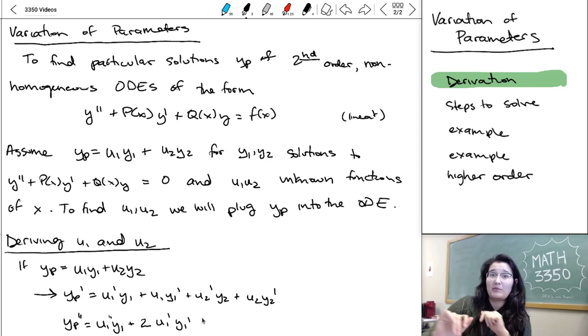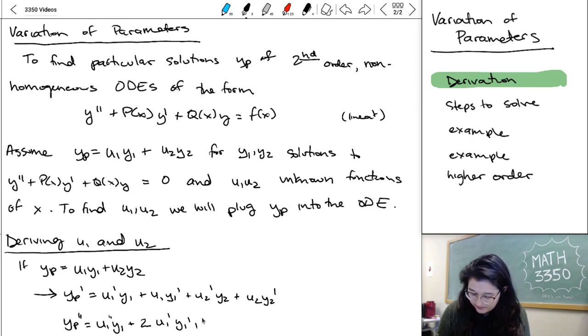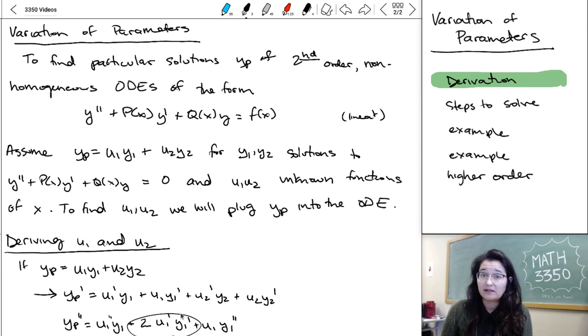So I'm just going to combine them right there. And then my last term, u1 y1 prime, has the derivative u1 y1 double prime. If you still need to take that product rule manually and then combine, please do. I'm just keeping it a little bit shorter for these videos.